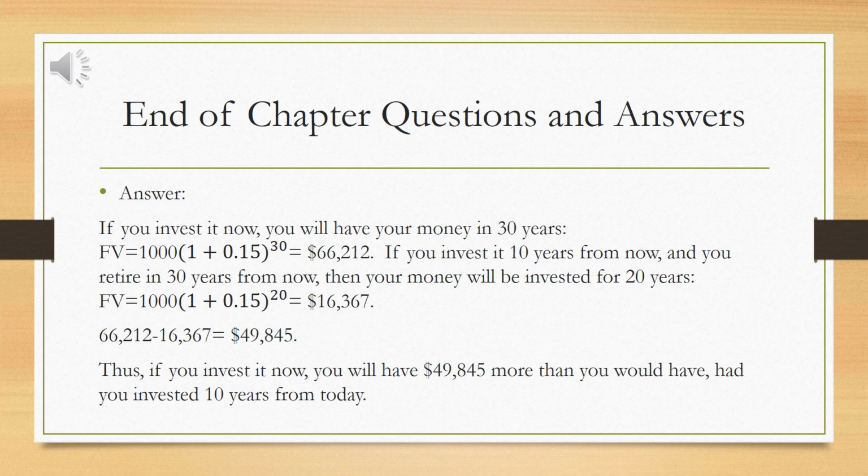66,212. If you invested 10 years from now and you retire in 30 years, then your money will be invested for 20 years only. So the future value would be 1,000 times 1 plus 0.15 to the power 20, which is 16,367. 66,212 minus 16,367 is equal to 49,845.